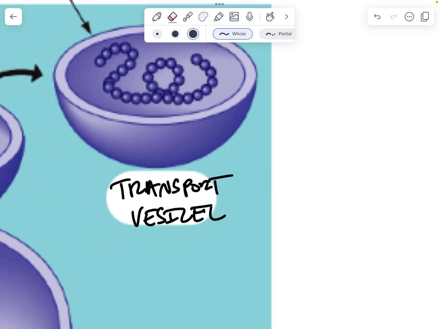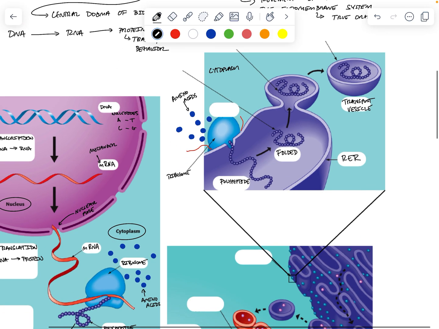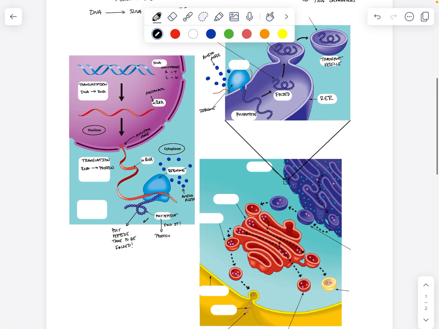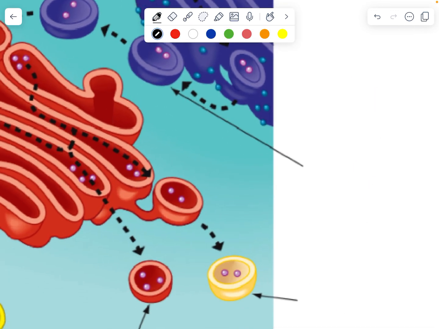You can see that this little zoom-in box was showing us this particular ribosome attached to the rough endoplasmic reticulum, and this transport vesicle is the same transport vesicle here.